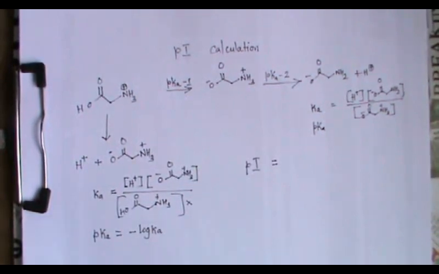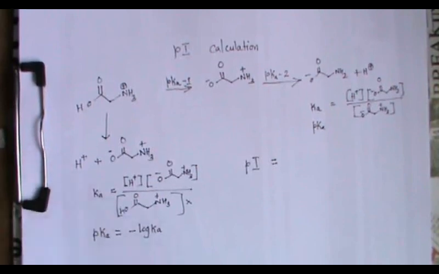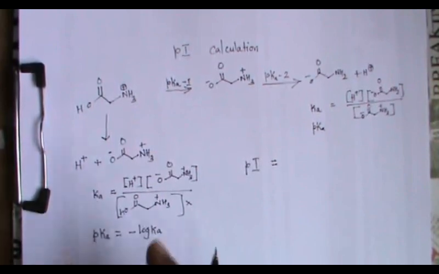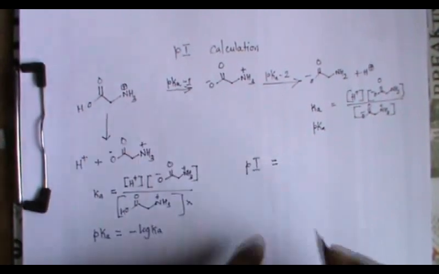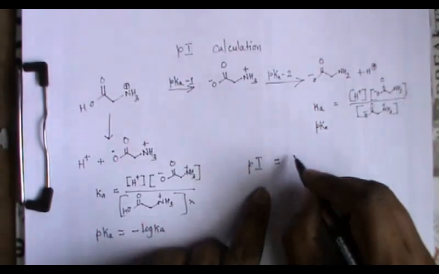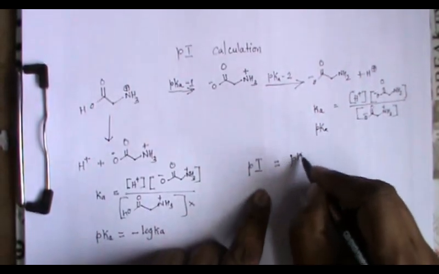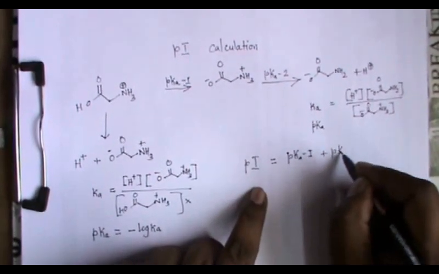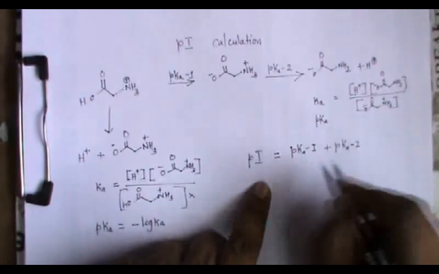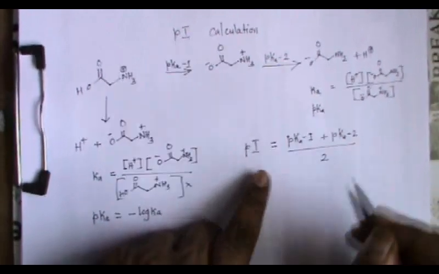Suppose instead of pKa, they give the Ka value. In that case, you have to find out pKa. pKa is nothing but minus log Ka. The isoelectric point is given by the simple formula (pKa1 plus pKa2) divided by 2.